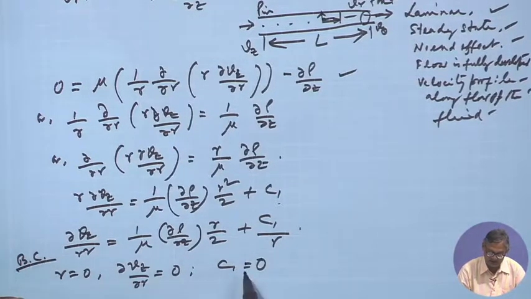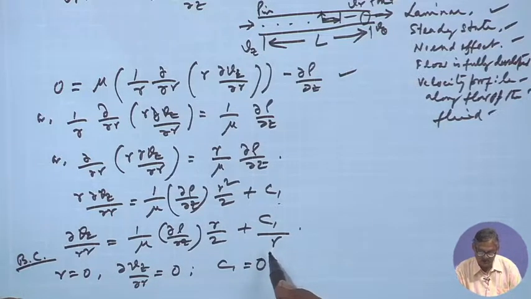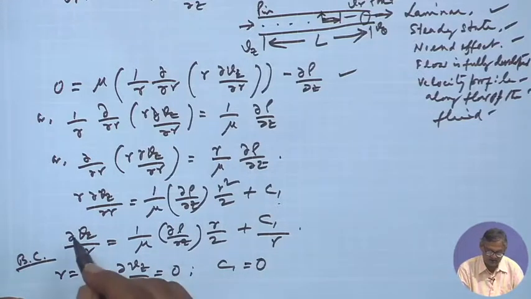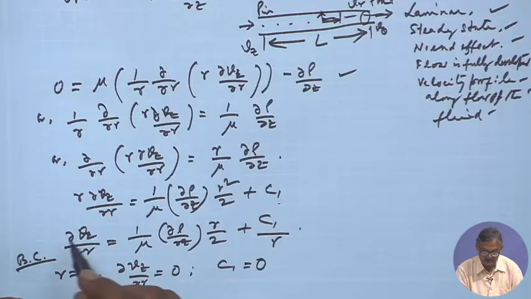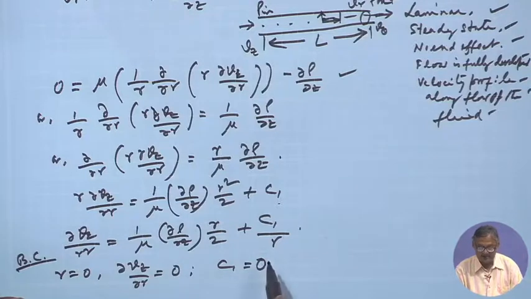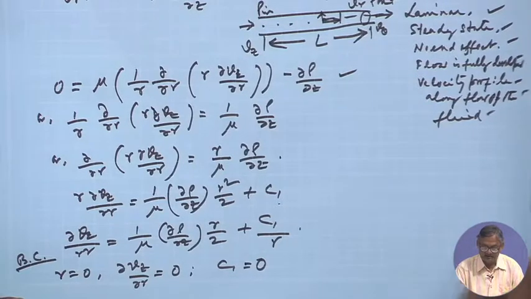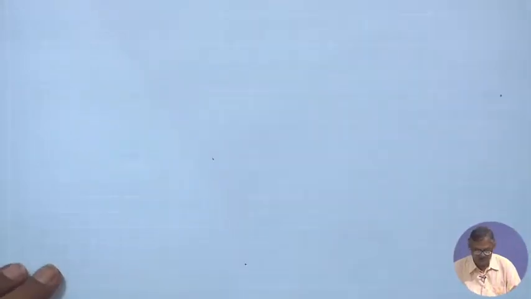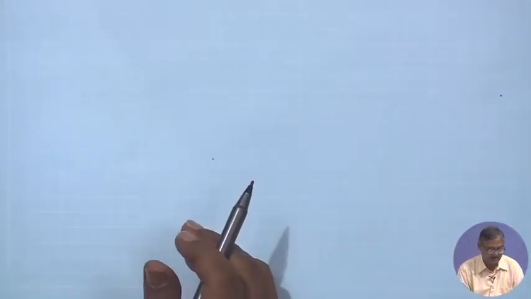At r = 0, ∂Vz/∂r is 0, so C1 is also equal to 0, and this goes out. So we can write that C1 is equal to 0.